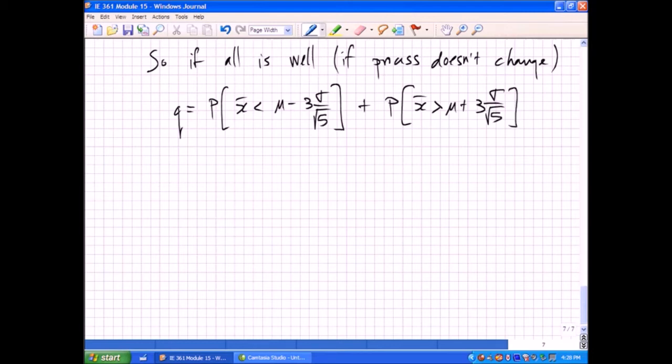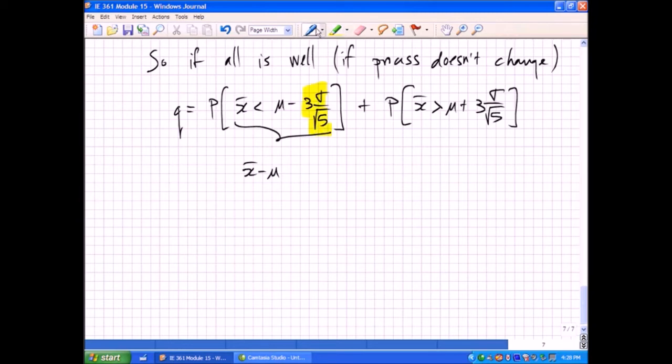And what that gets me is that, if I rewrite this, X-bar less than that number is X-bar minus mu less than this.